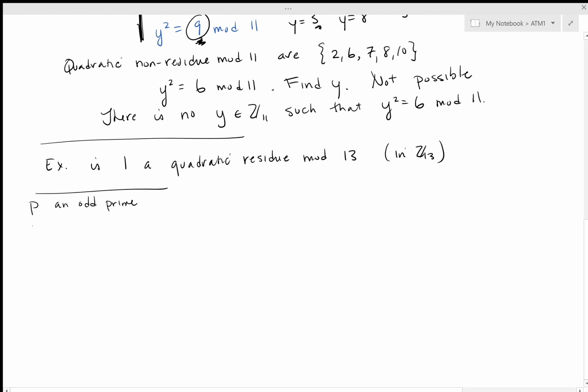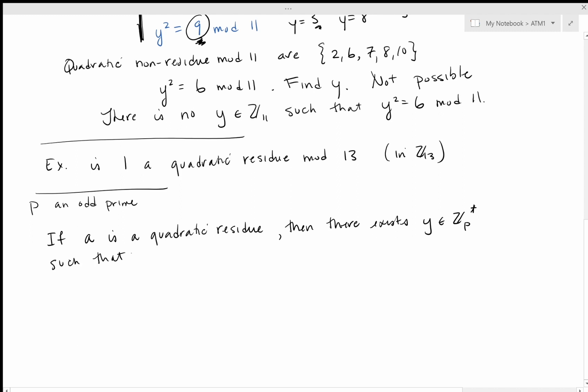Okay, and a statement here. If A is a quadratic residue, then there exists Y in the non-zero elements of ZP such that Y squared is congruent to A mod P. That's what we just saw above in our example.